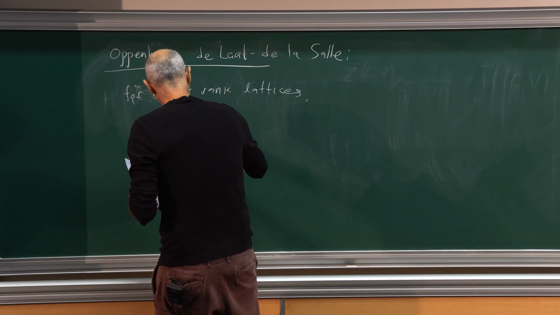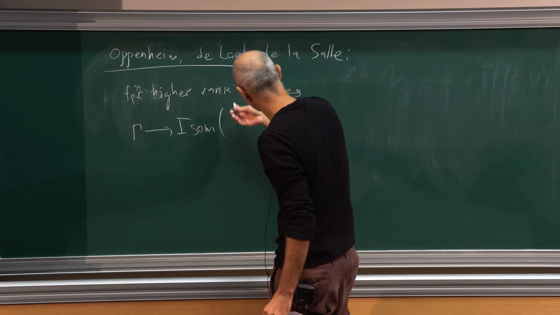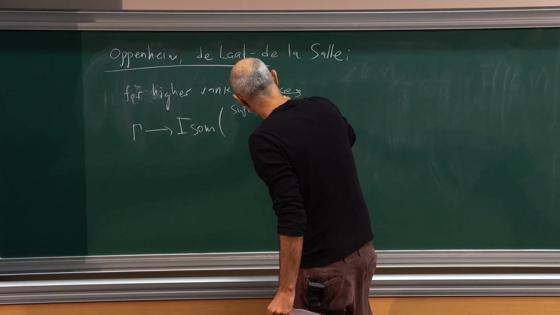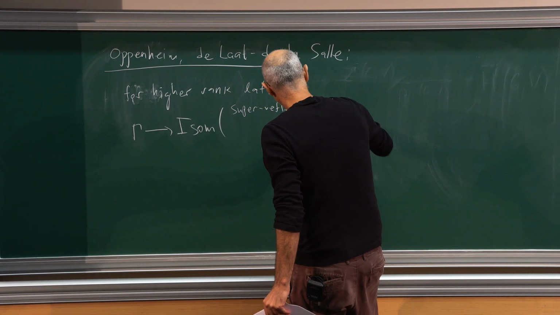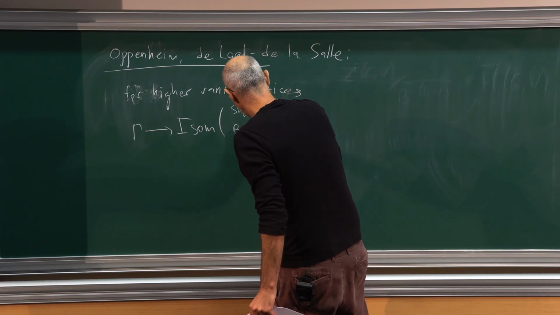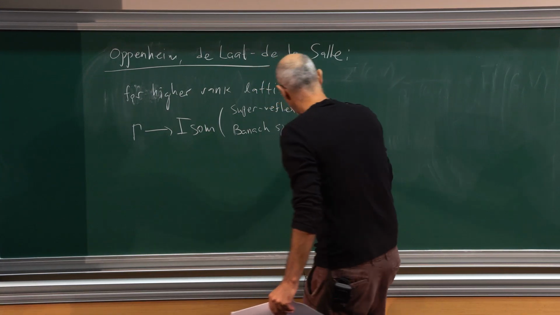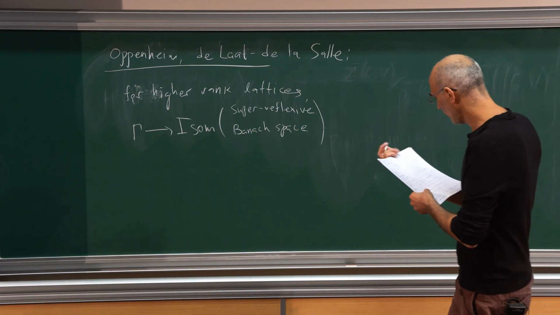holds for an isometric action on a Banach space, and now I'll take here a class of super reflexive Banach spaces. This is a very general class of Banach spaces, including all LP, not including L1, but all LPs for P larger than 1.